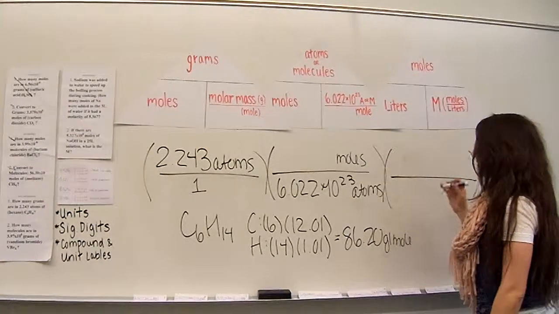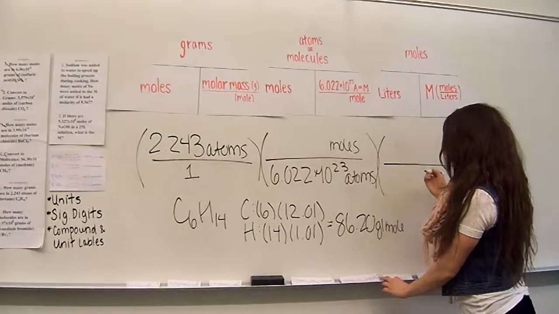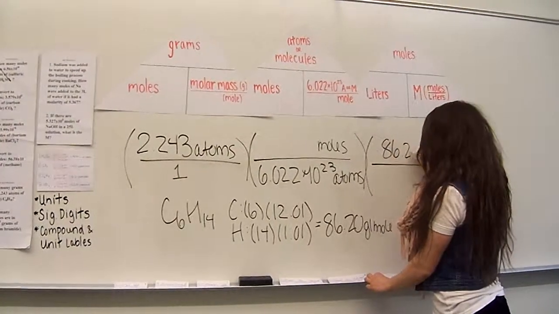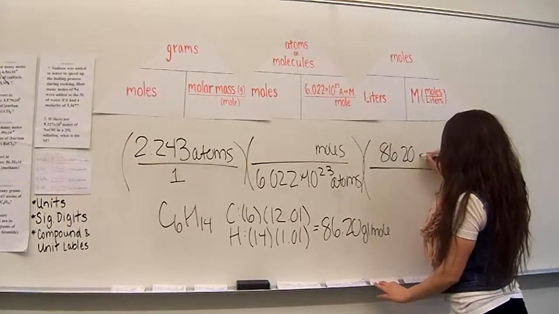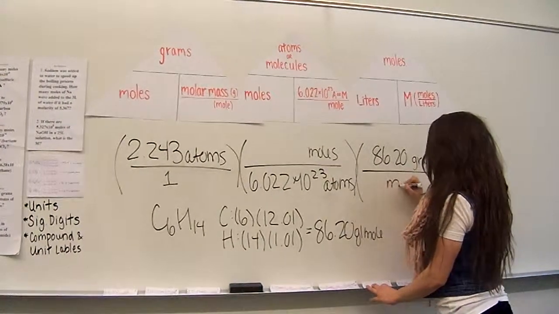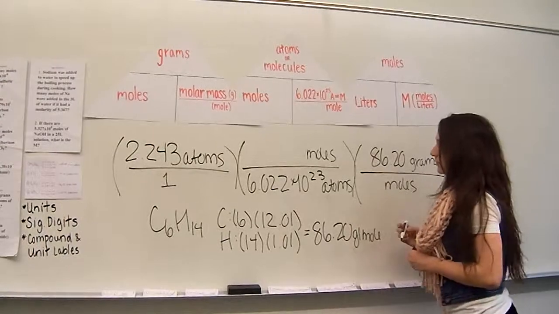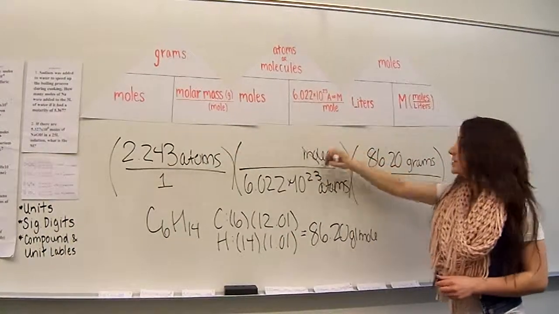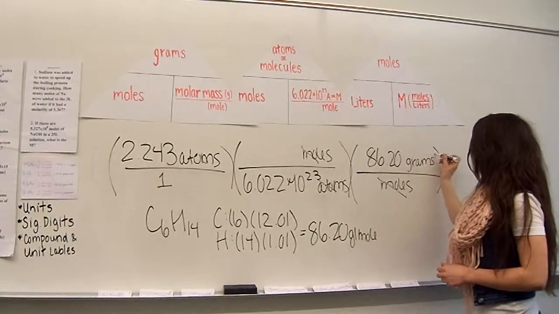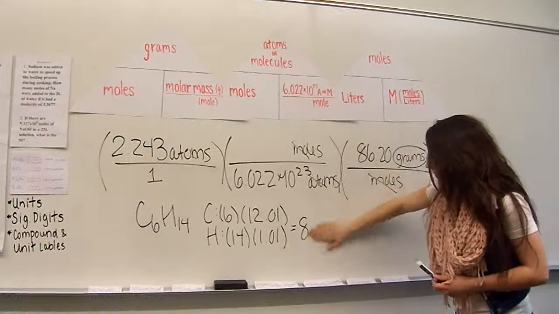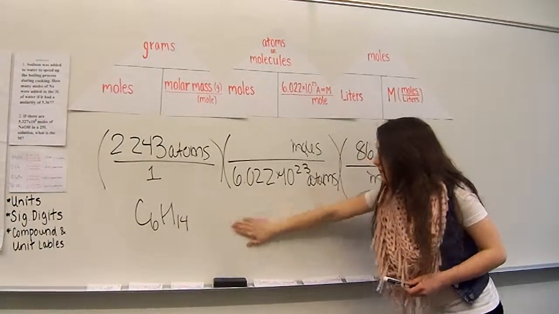Since we are multiplying that to get to grams, we will be writing that on the top. So we write 86.20 grams, and then we put moles on the bottom. Atoms will cancel out atoms, moles will cancel out moles, and we will be left with grams, which is what we were asked for. Get rid of this so we have some room.